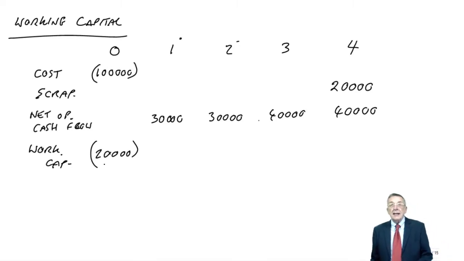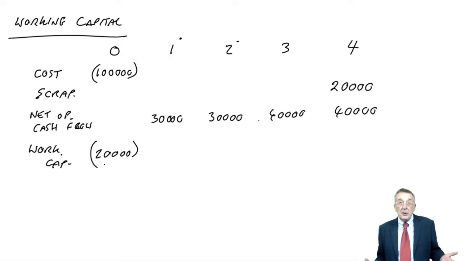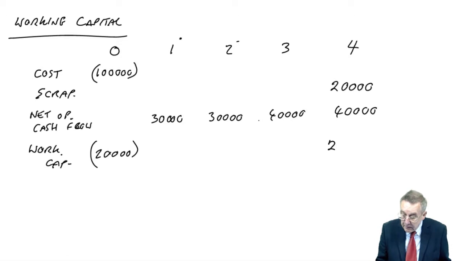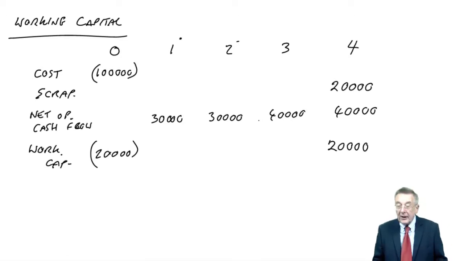And so automatically, unless you're told otherwise, we assume that that 20,000 is only needed for the life of the project, and that we automatically get it back, an inflow at the end of the 4 years.